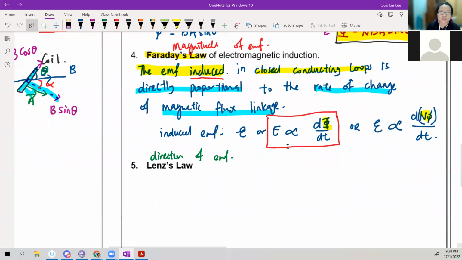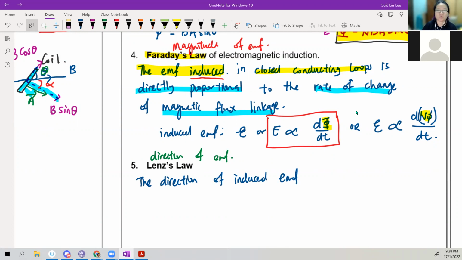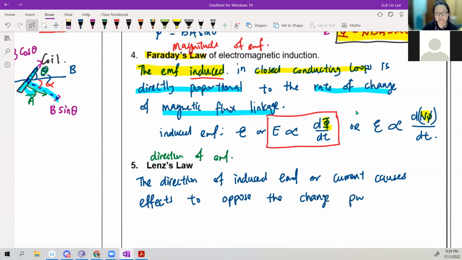But this law is also quite intuitive because I like to call this the pembangkang opposition. You say go left, they will go right. You say go up, they'll go down, okay? So this tells me that the direction of induced EMF or current, depending on the question, causes effects to oppose the change producing it.